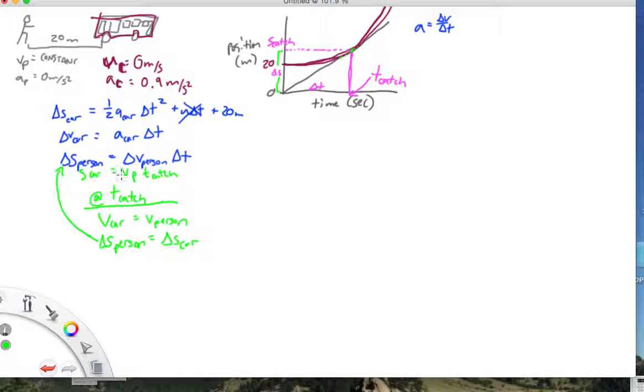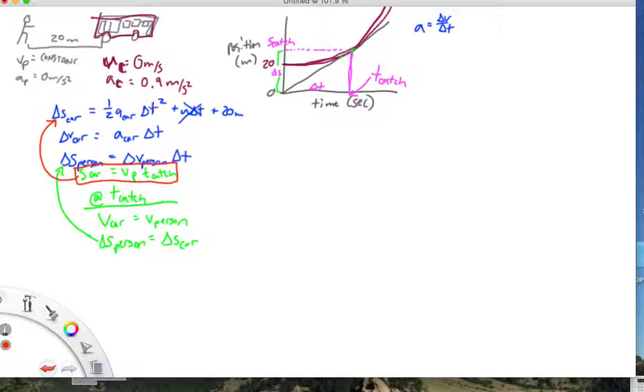So then I'm going to take that equation, I'll use a different color now, this equation right here, and plug that into here. I'm going to replace the position of the car with the velocity of the person times the time catch.